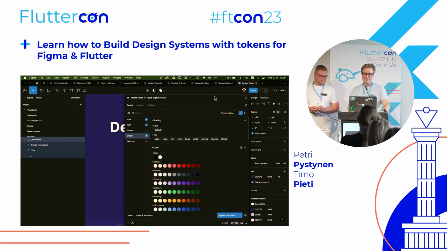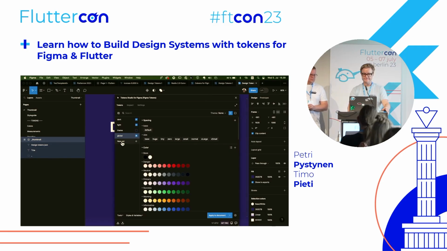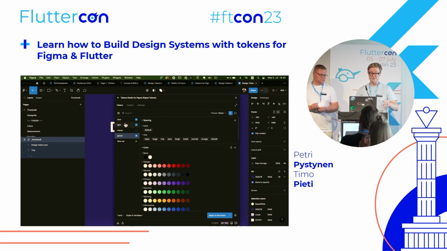Yep, here we have the token studio. And on the left side, there are token sets. And the global set is basically the foundation or the base set of everything, which will inherit the values to the themes and whichever layer sets you want to create.